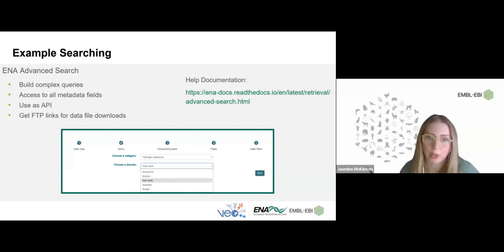We have help documentation published for how to use ENA Advanced Search, but this will allow you to build complex queries, and you can access all of the metadata fields. You can use this as an API to get data downloads, and you can get FTP links to download the data via FTP as well.